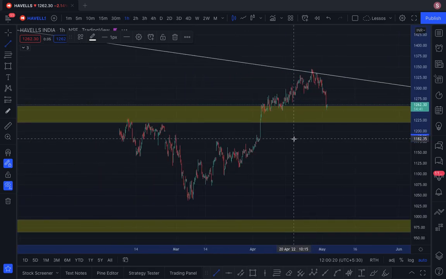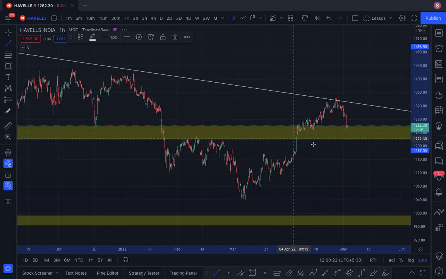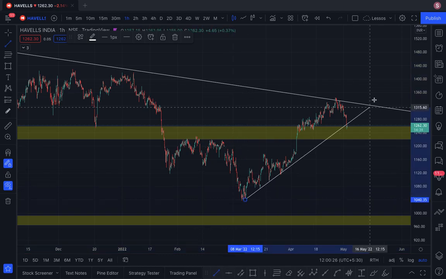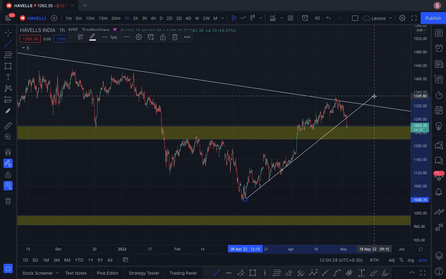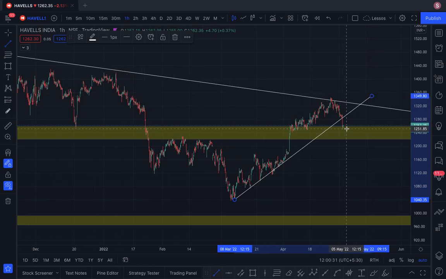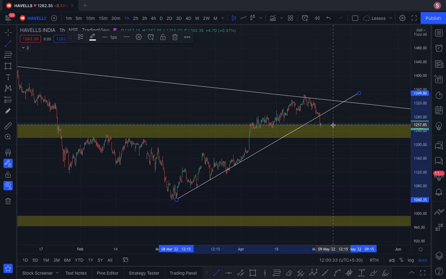All right, so we can see that yes, we can draw the trend line over here, and you see the trend line has been broken over here on an hourly chart. So there is a possibility now that the price will go down here and further try to reach this support.